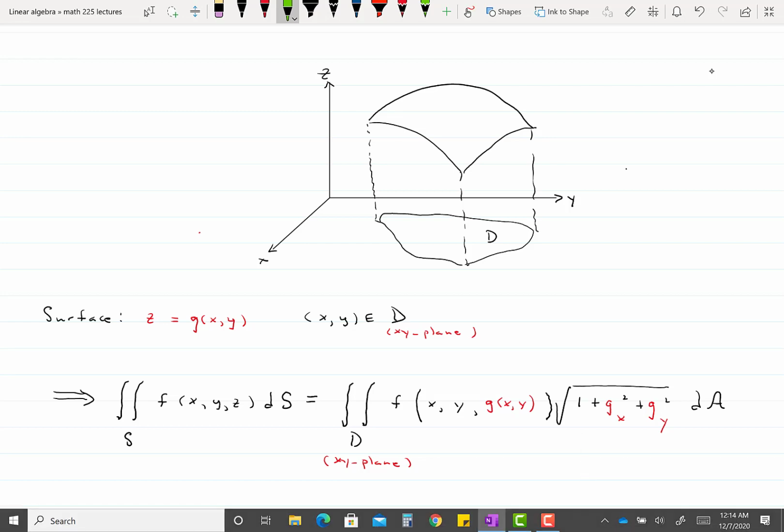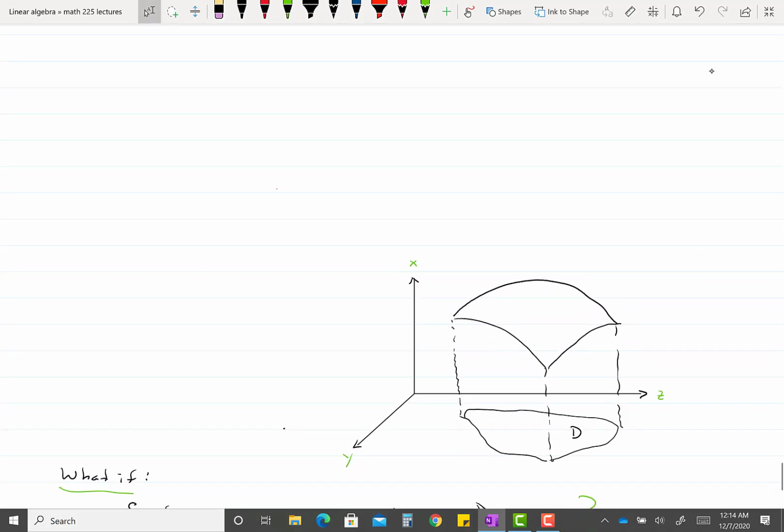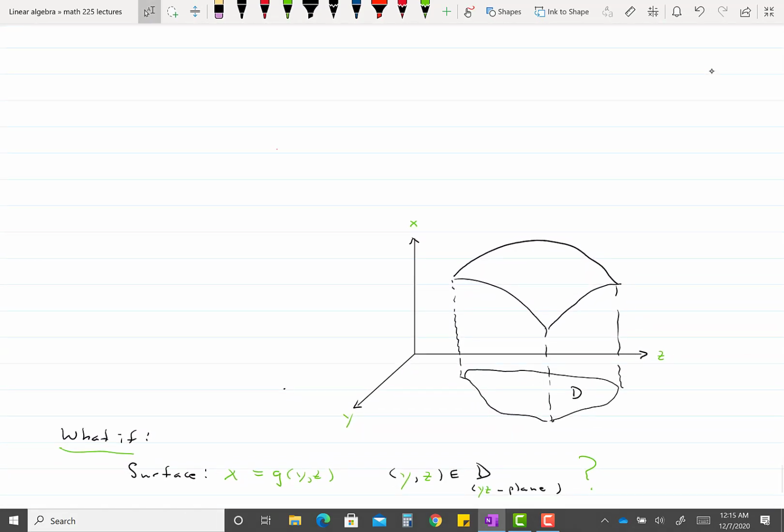So now, what if our surface is x as a function of y and z? I reoriented the axes so we don't have to draw the function coming out of the page. I've reoriented the axes and preserved the correct directions for the axes using the right-hand rule.